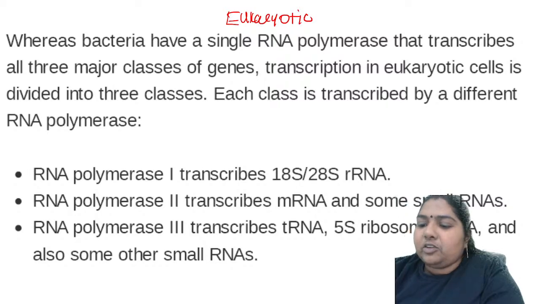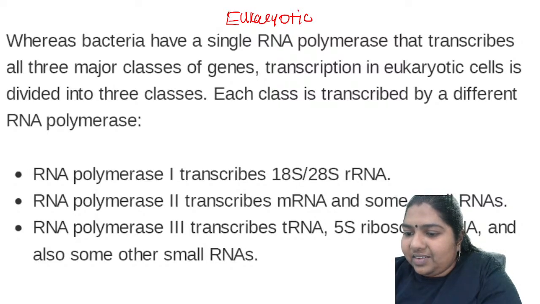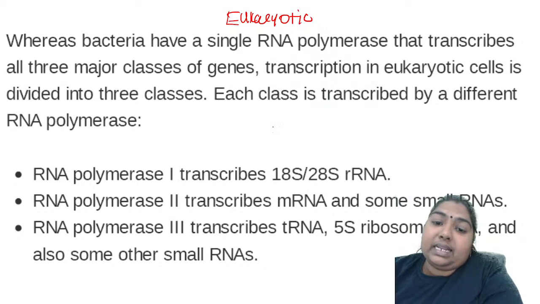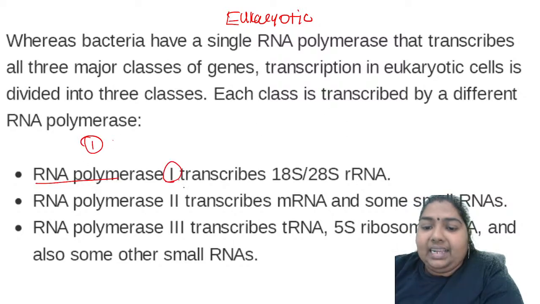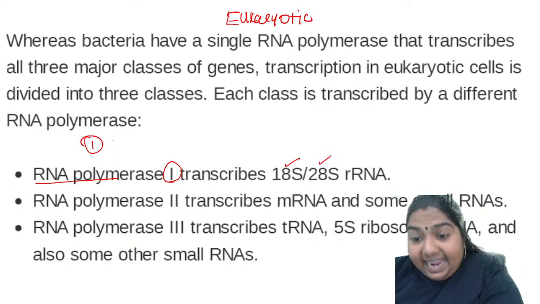Now shall we move on to eukaryotic transcription? In eukaryotic transcription, there are three types of RNA polymerase. Number one, RNA polymerase 1 transcribes the 18S and 28S rRNA.